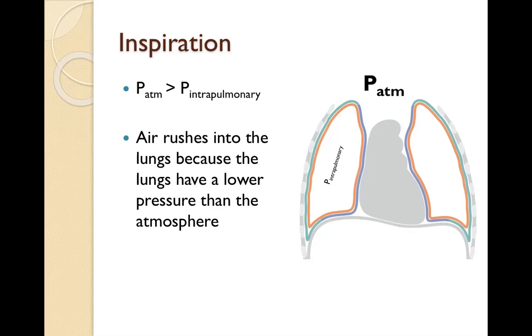You may need to go through these slides a few times. I'm more interested that you understand the concepts of the mechanics of breathing rather than memorizing all the numbers of the negative pleural pressure and exactly how it relates to atmospheric pressure and how many millimeters of mercury it goes down. I want you to understand the concepts. I want you to understand the differences between the pressures from a conceptual standpoint.